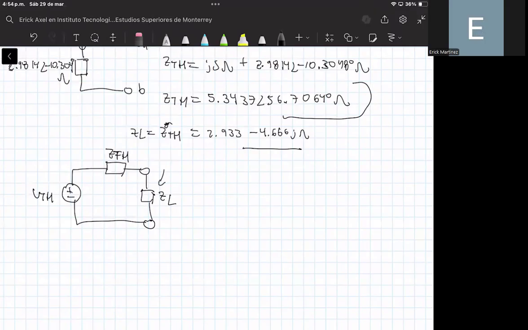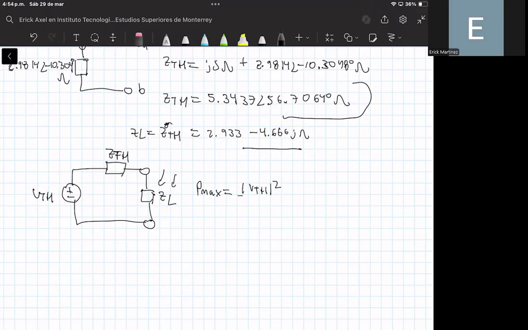But instead of doing that, you can use the following expression. When you have a complex impedance in this part, you can compute the maximum average power transfer by using the amplitude of the Thevenin voltage.